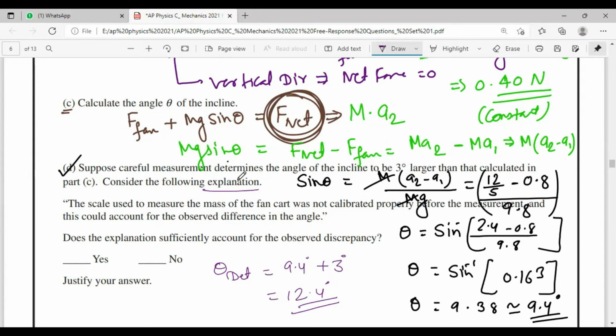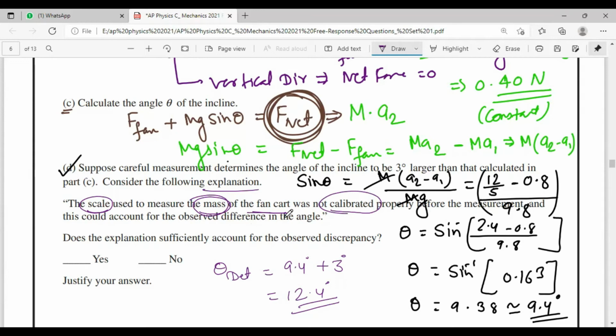And the question is giving some explanation for this type of error. The scale used to measure the mass of the fan cart was not calibrated properly, right, before the measurement, and this could account for the observed difference in the angle.